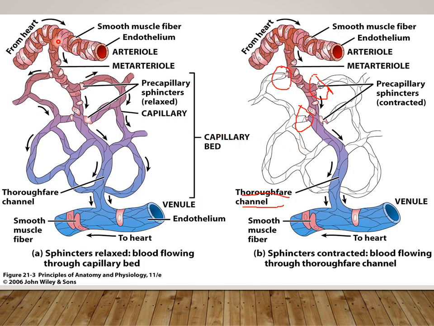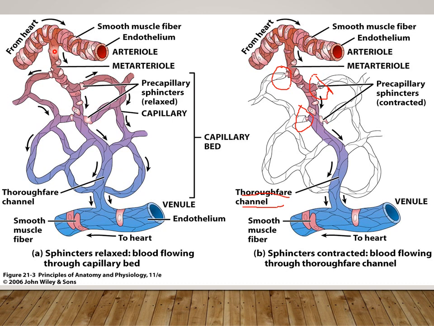Here in this picture I would like to show you the structure of the arteriole, metarteriole, the precapillary sphincter and its functions. This is the smallest arteriole, which has 1 to 3 layers of smooth muscle in the tunica media.